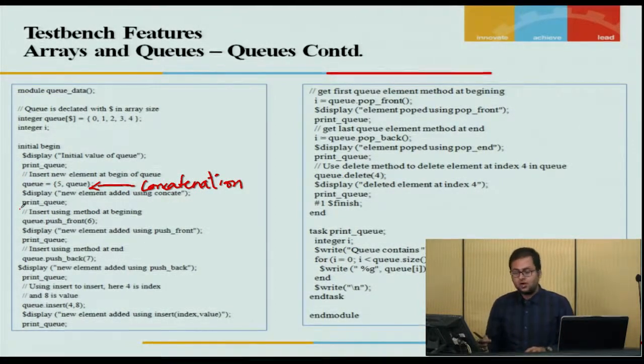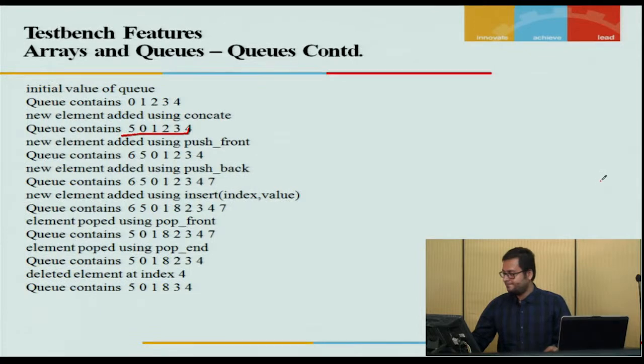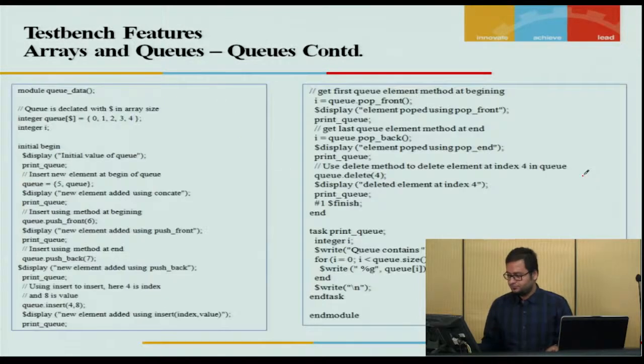I'll come to the output, how the queue is seen now. Then you are using print queue. As you can see, it's 501234. So the queue is 501234. Then you are using queue dot push front, so this will add 6.